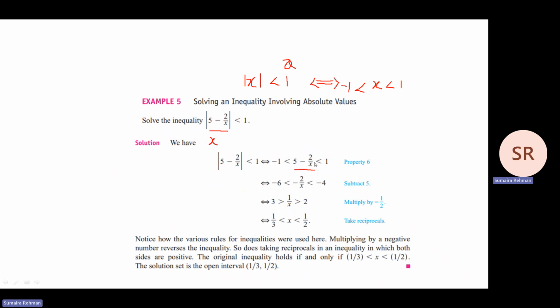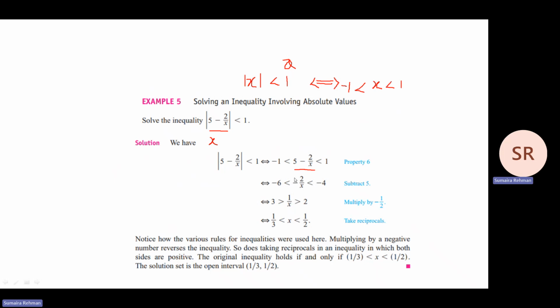So now you can write, okay, here we have written as well that this is property 6, and now you have to solve this inequality for the value of x. This means whatever is added, subtracted, multiplied or divided here, you need to remove that and simply find the value of x. We have discussed many other problems on how you can do that.